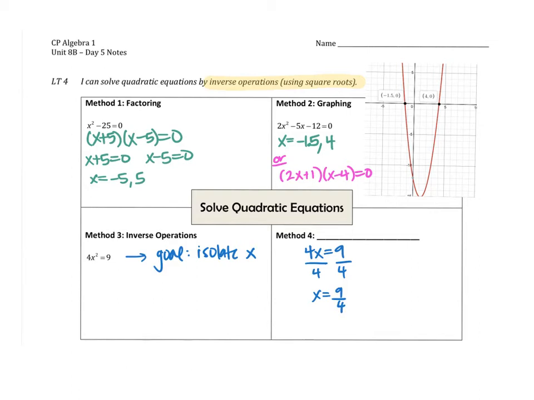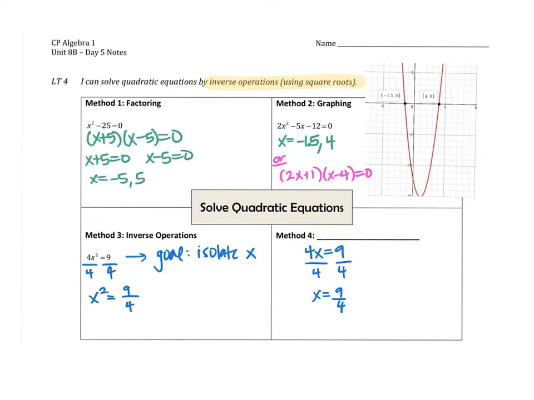But notice we're solving a quadratic, which is not the same. While we could easily isolate x squared, we're going to have to do a little extra step to isolate x.